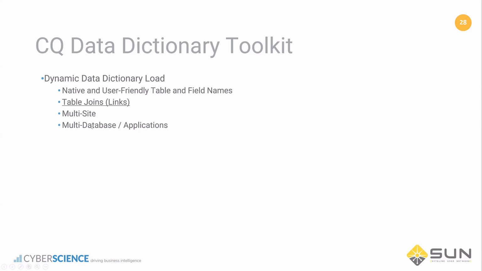It also handles multiple databases and or applications in a single dictionary. You can also have multiple dictionaries if you need. So you may have one data dictionary for SyteLine, one for CSI, one for Salesforce, and then a fourth one that pulls them all together. So again, you can have as many dictionaries as you want.